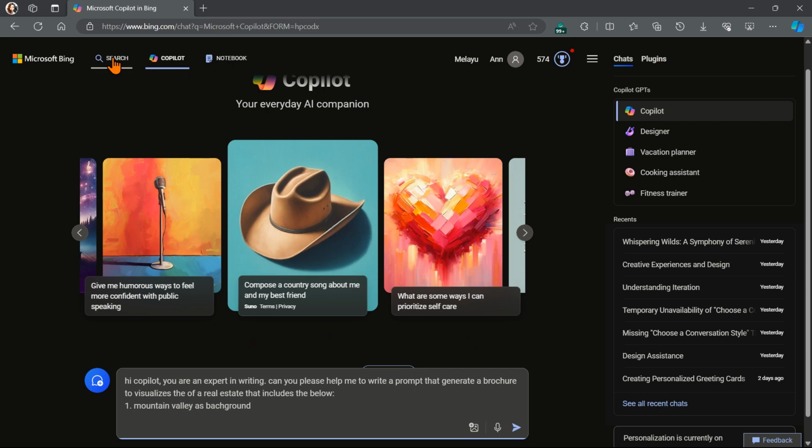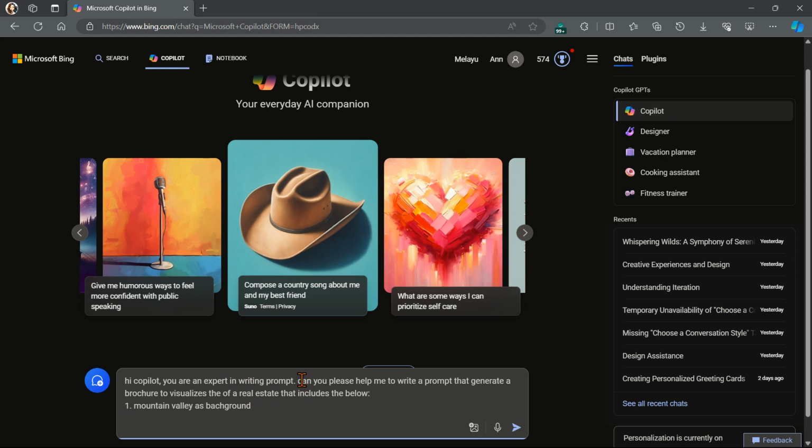Today I'm using Copilot to ask Copilot to help me to write a prompt. Okay, I missed out something: expert in writing prompt. Ask Copilot to help me to write a prompt.